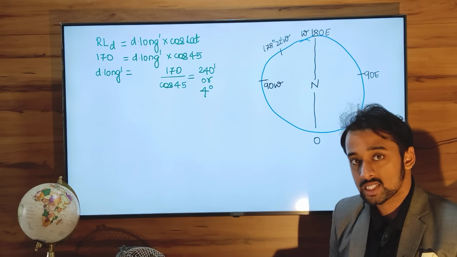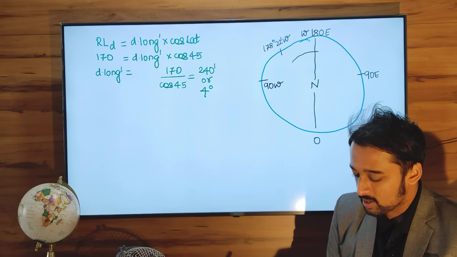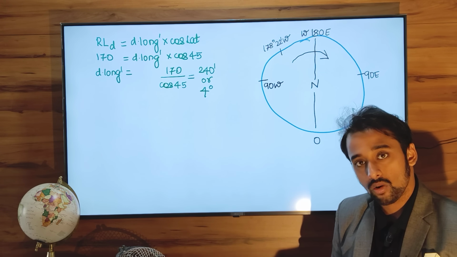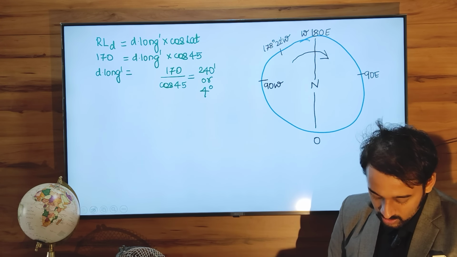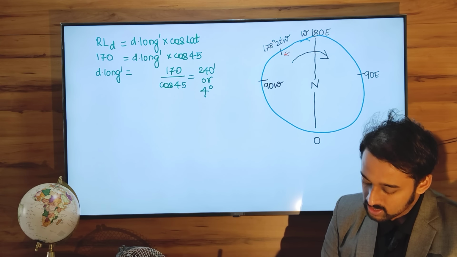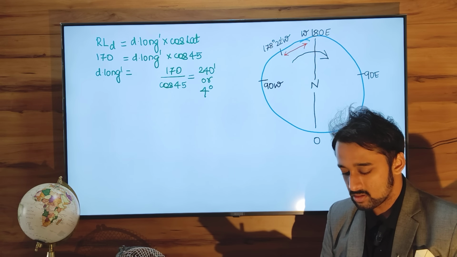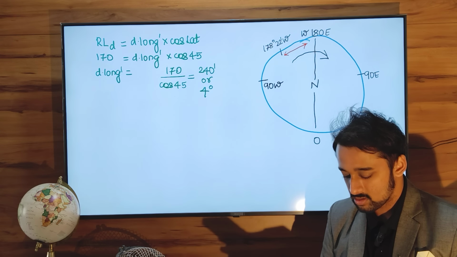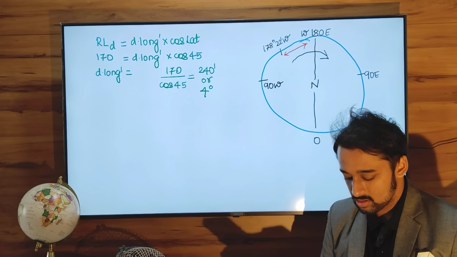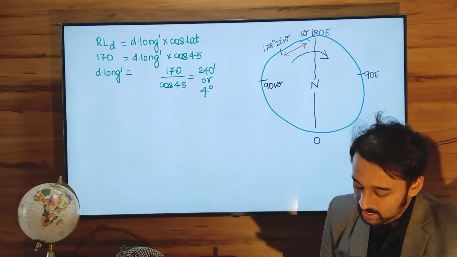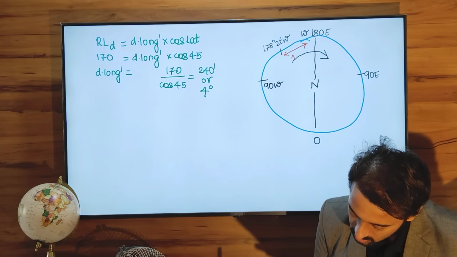Now you're going westerly. Westerly directions are anti-clockwise. So this d long is how much? This d long is 180 minus 178 degrees 22 minutes, which is 1 degree 38 minutes.